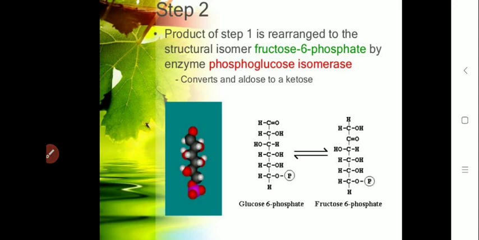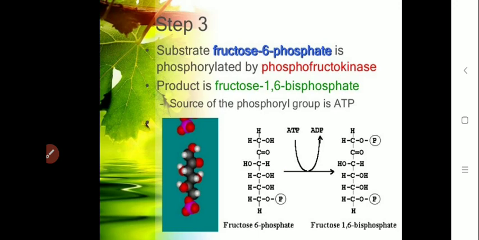Thus the isomerization of glucose 6 phosphate to fructose 6 phosphate is the conversion of an aldose sugar into a ketose sugar, and this whole process is carried out with the help of the enzyme phosphoglucose isomerase. Once the second step is completed, glycolysis enters the third step.